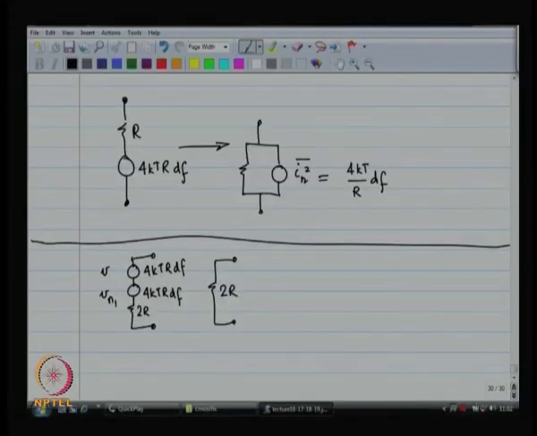Let us say this is Vn1, this is Vn2, then really what is the voltage? The voltage I have is Vn1 plus Vn2. So, the mean square noise voltage is going to be this.